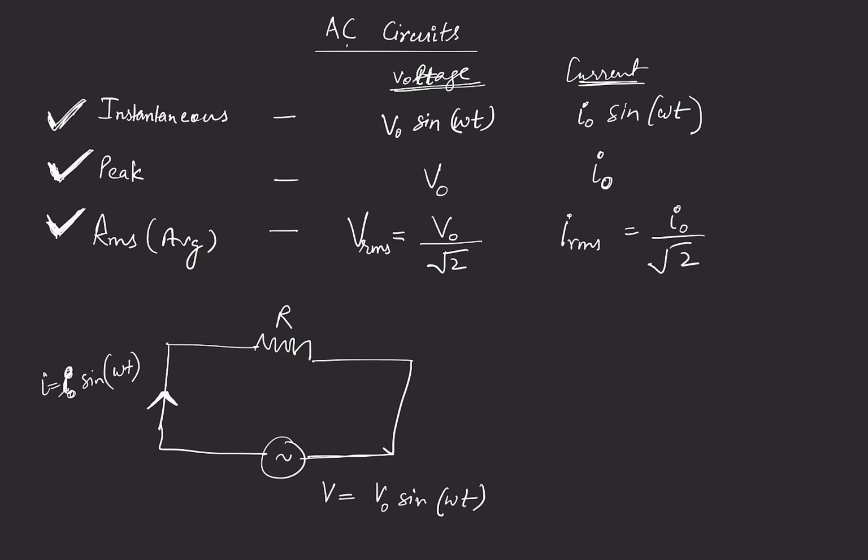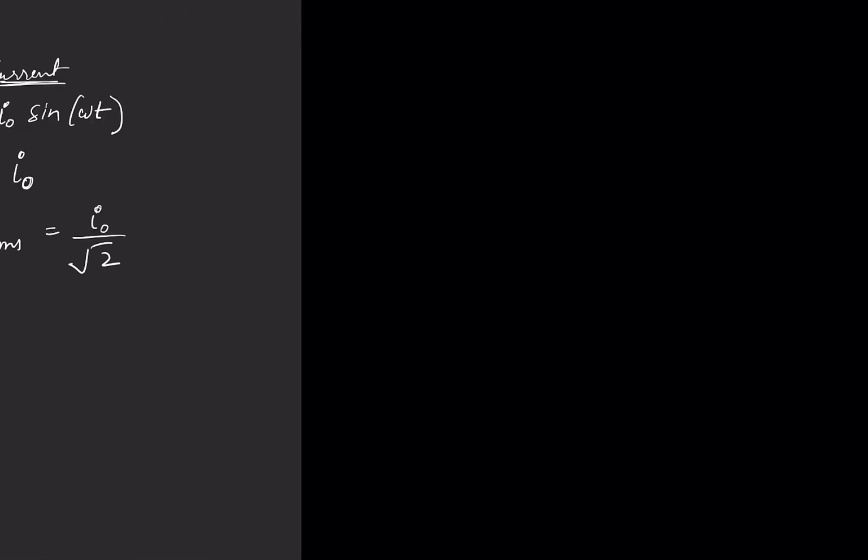So we will derive these I naught values from V naught values for different cases, when we have resistance, when we have capacitance, and when we have inductance in the circuit. So let's try to see all three cases.